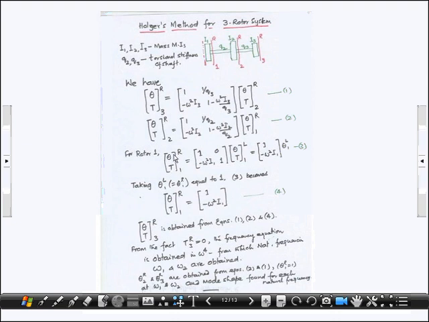So theta, t at R1, once you work it out, you will find is 1 minus omega square I1 times theta L1. Now theta L1 is the same thing as theta R1, because there is no rotation in this rotor between left and right. So let us take that to be equal to 1, so that the state matrix theta, t at R1 will be simply 1 and minus omega square I1, as demonstrated here.